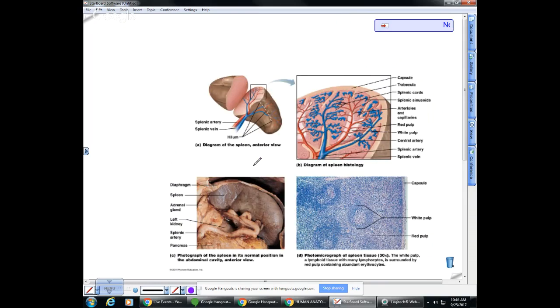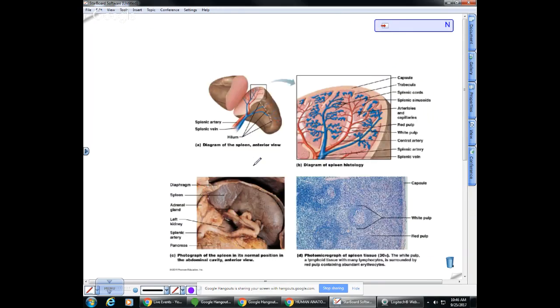So this is a diagram of the spleen. Remember that the spleen is only one organ. So where we have 2 lungs and 2 sides of the heart, we only have 1 spleen. We have 2 kidneys, we only have 1 spleen. And it's kind of up near the stomach, but it's in the abdominal cavity, not the thoracic cavity.